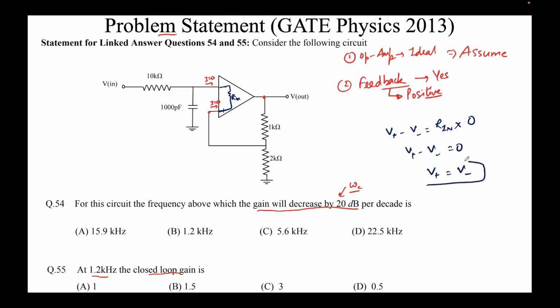Now this is a very important result that we have obtained. This is also referred to as virtual short. What this means is that the inverting and non-inverting terminals are sitting at the same potential. They are at the same potential, hence the term short. Why virtual? Note that there is no actual wire that is shorting these two points.